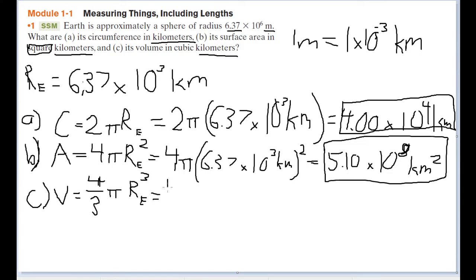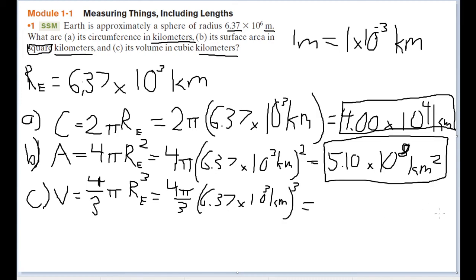So alright, let's plug in our values now. So it's 4 pi divided by 3 times our radius. So that's 6.37 times 10 to the 3rd kilometers. And it's all under a cube.